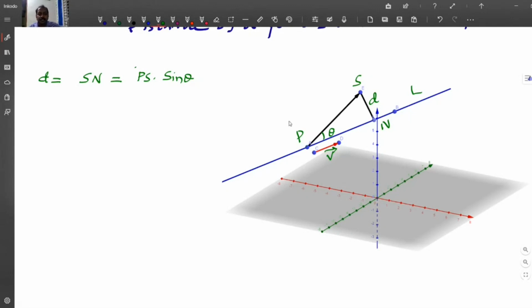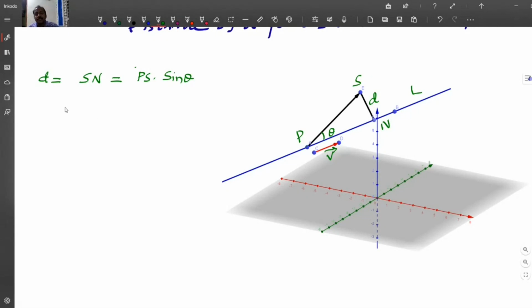And you know PN and V are in the same direction, so the angle theta between PN and PS is the same as the angle between PS and V.